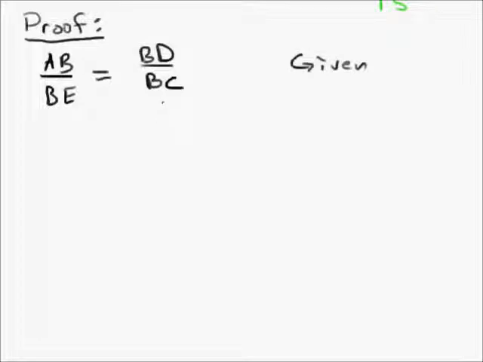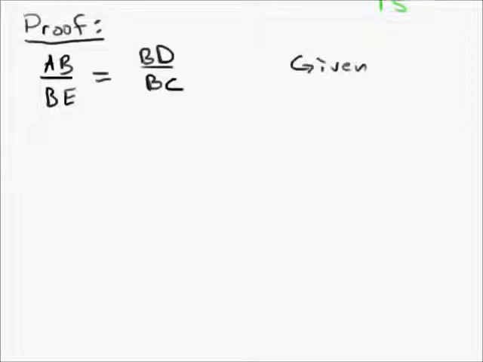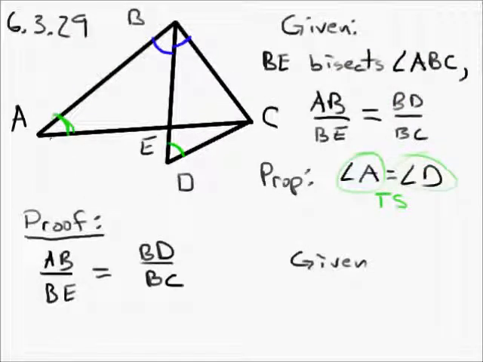Now what I want to do with that is set it up in a more common form where I've got this triangle here, this length here, AB, BE.